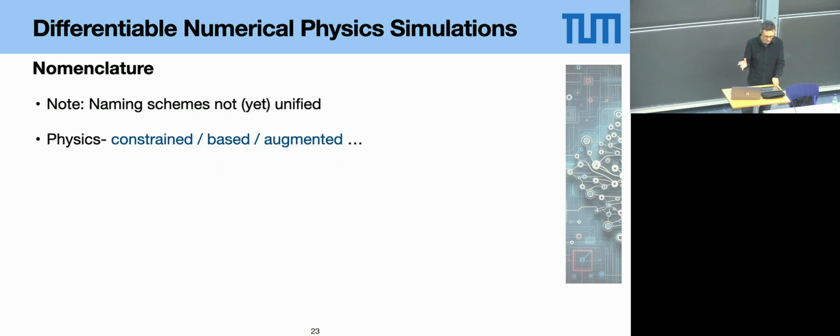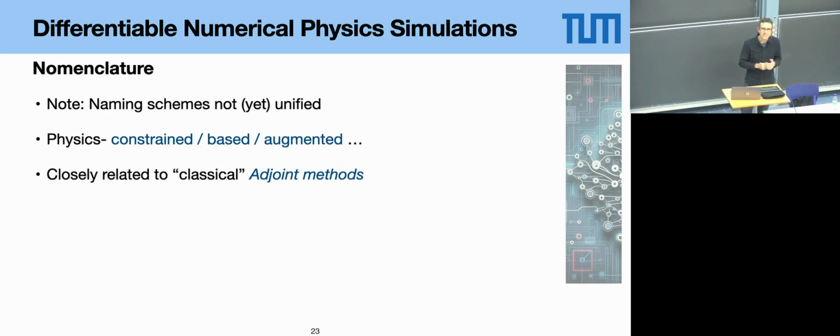Physics, also constrained or based or augmented. The physics informed moniker, that's typically associated with these neural networks. So that's a distinction. It's not physics informed, but other physics. And it is also, if you look at the classical literature, quite in line with the adjoint methods.